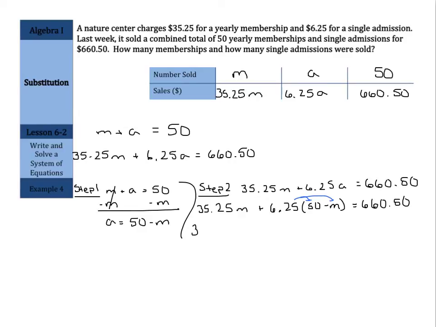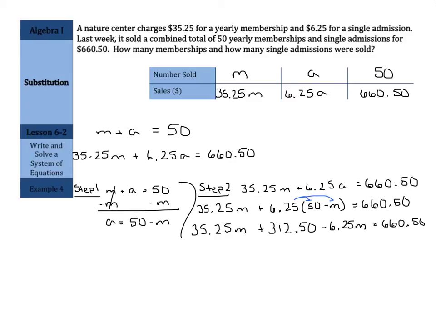So we'll have $35.25M plus $6.25 times 50, which is $312.50, minus 6.25M equals 660.50.